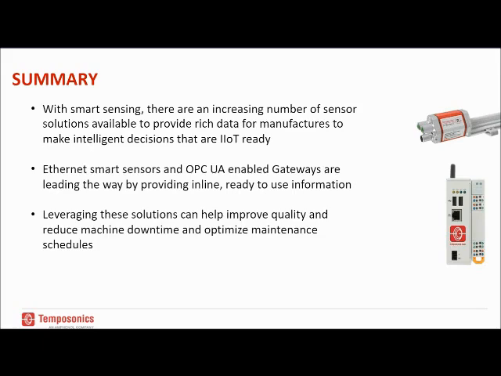And these are the mechanisms for allowing us to provide inline, ready-to-use Industry 4.0 data. And lastly, we talked about how you leverage these solutions so that we can improve on quality and reduce machine downtime, as well as optimize maintenance schedules for those who need them.